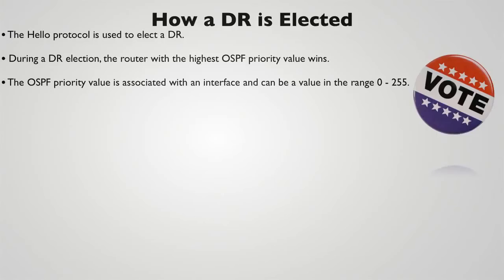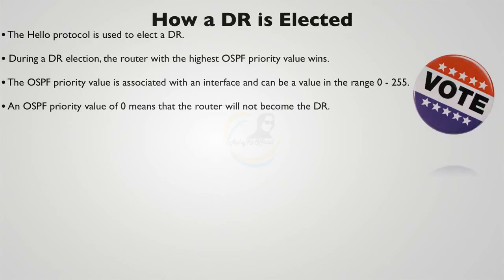A 0, though, has a special meaning. If we have an interface with an OSPF priority value of 0, that means that the router that includes that interface is not going to become the designated router for that network segment. By default, an interface has an OSPF priority value of 1, and we can go in if we want to administratively influence who's going to become the designated router and who's going to become the second best, the backup designated router.